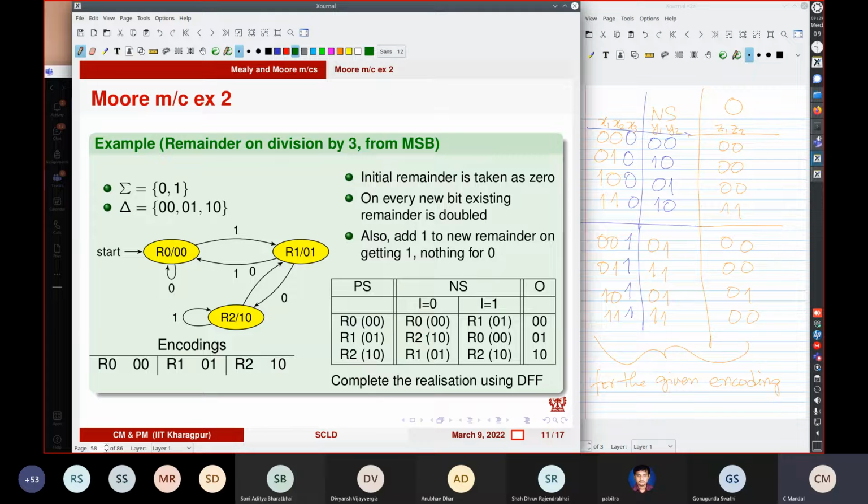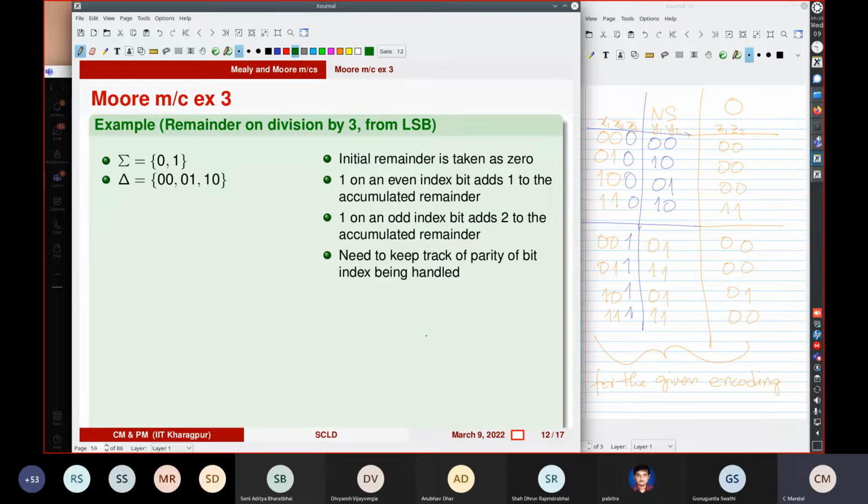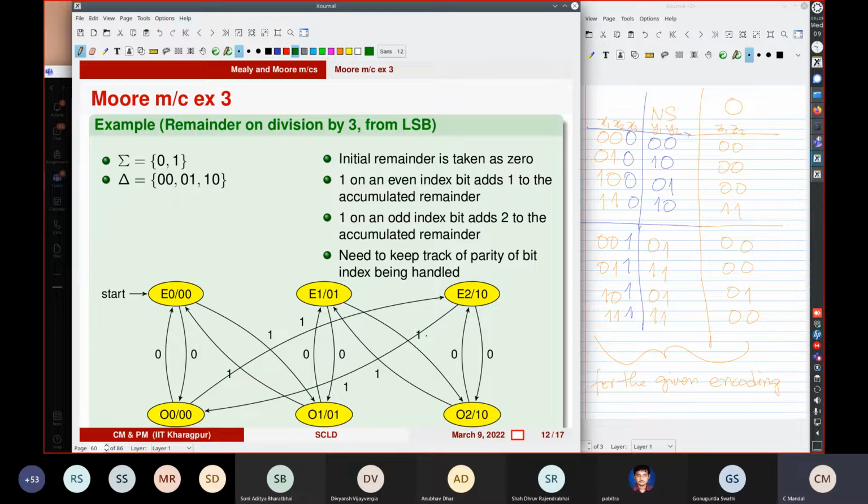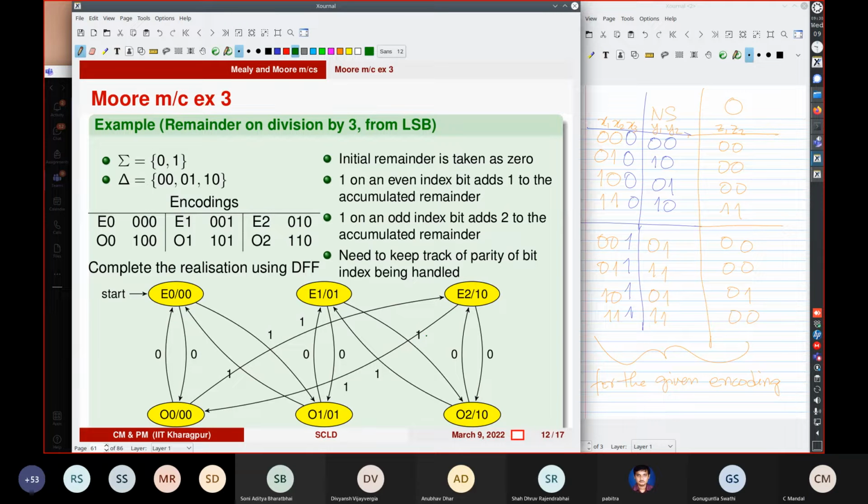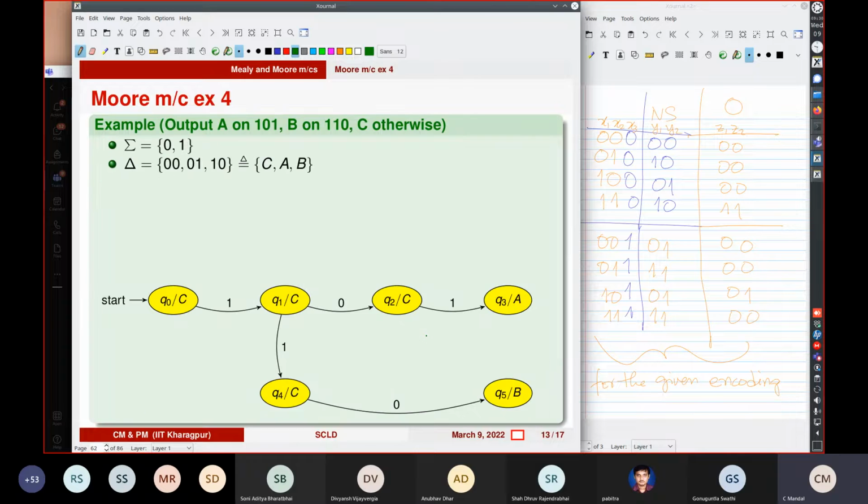So these are various Moore machines which you can study yourself, and their associated encodings. I'm not going into these encodings now, or delving into these machines. I think you can follow these on your own.